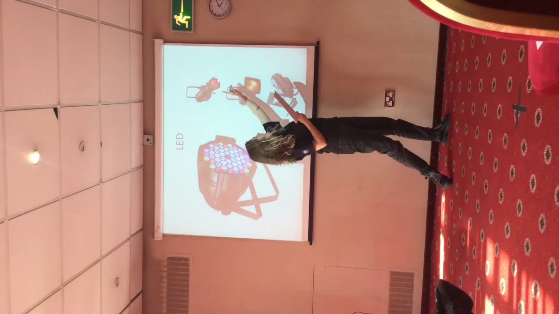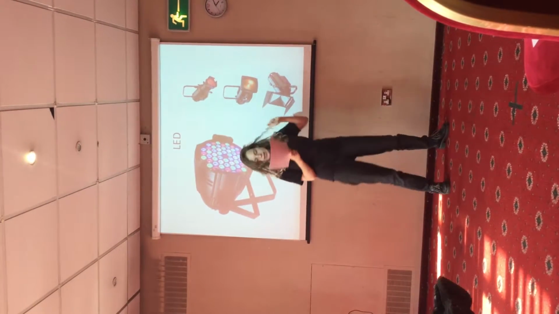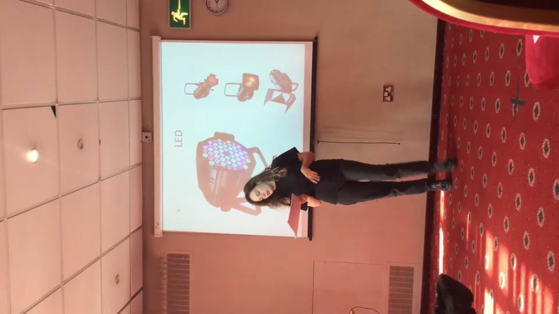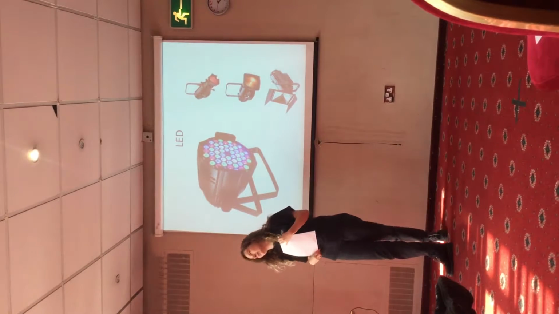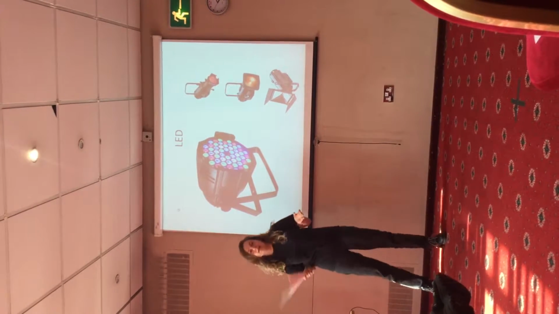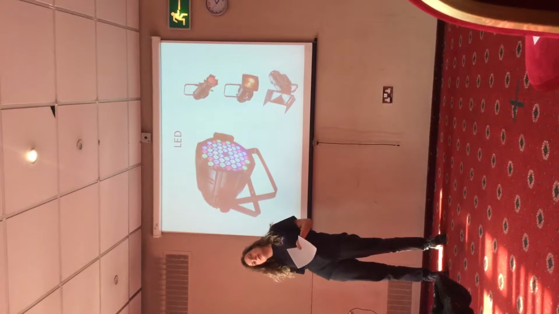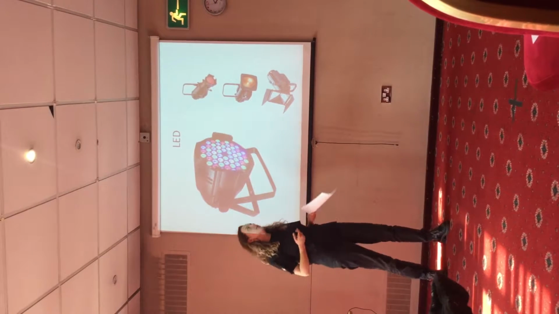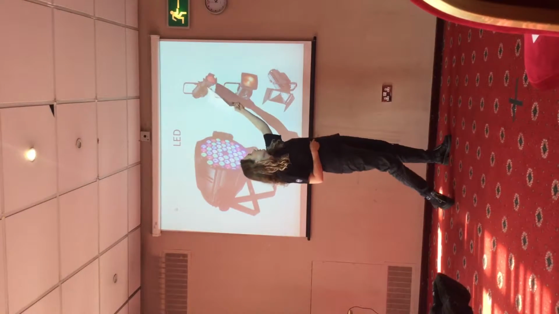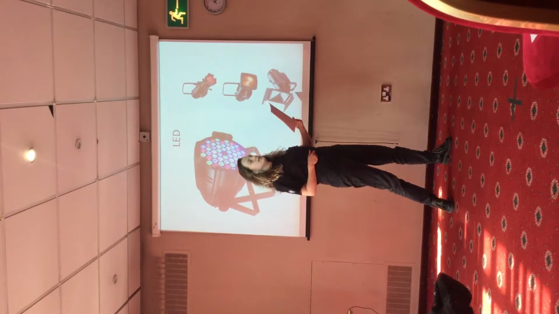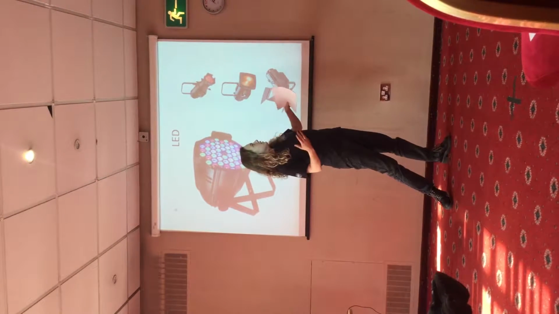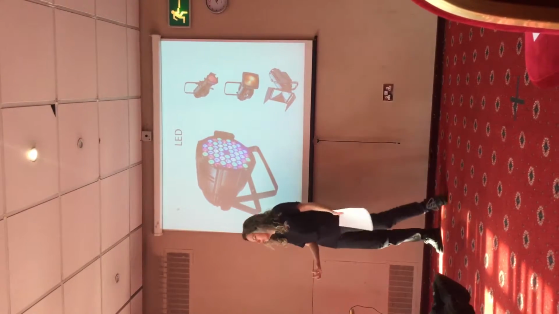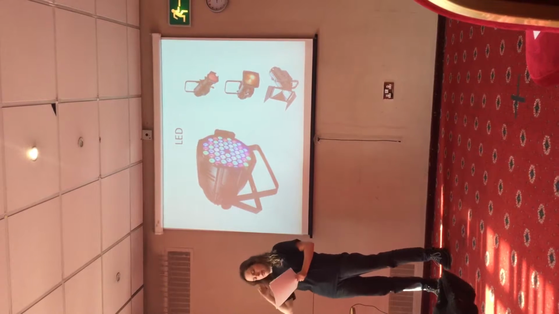Meaning that you can take off that lens and add this lens, turning it into a Fresnel, or this lens, turning it into a site flood, which is pretty cool for maybe a touring company that's doing stuff outside, because they might not know where they're going, what the space is going to be, and it means they have a lot of flexibility, or even for a theatre rig where you don't have that much storage space, if you had enough money to buy those base fixtures and the alternating things, you could have a lot to play with, basically, without having to move a lot or store a lot, which is pretty clever.